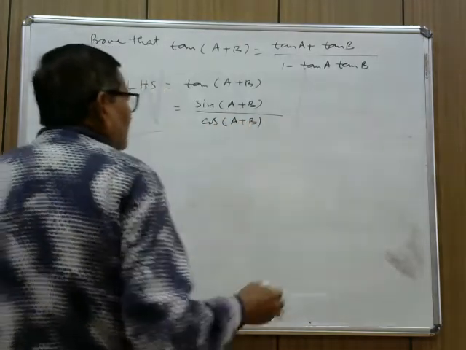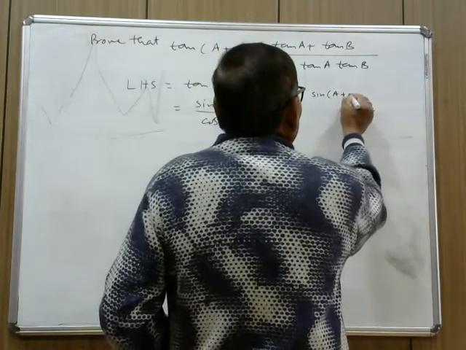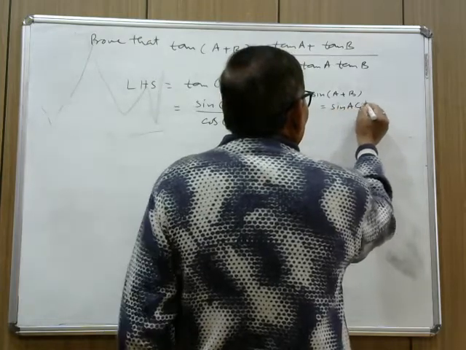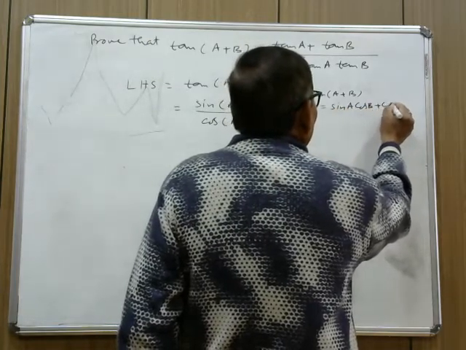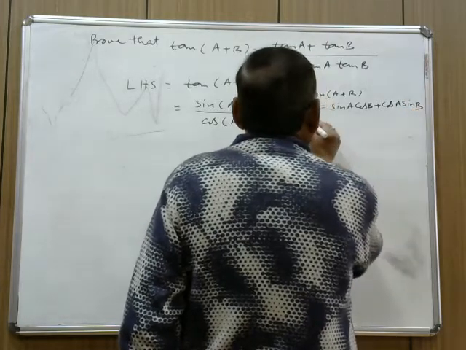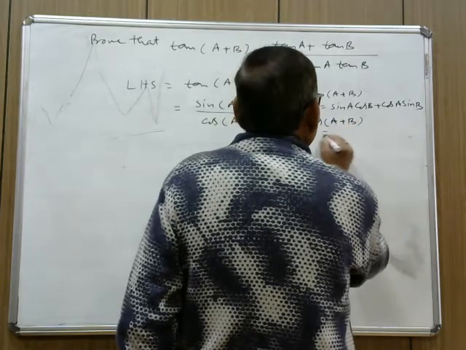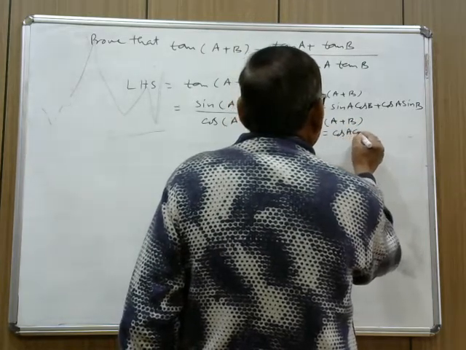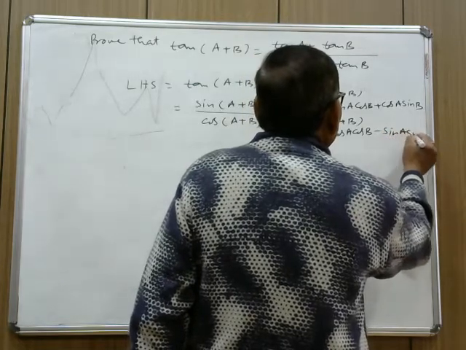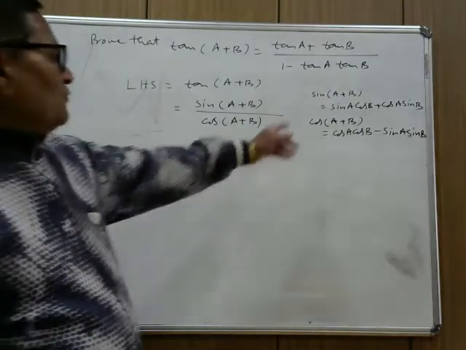As you know, sin(A plus B) is equal to sin A cos B plus cos A sin B, and cos(A plus B) is equal to cos A cos B minus sin A sin B. In the previous lecture I proved these two formulas.